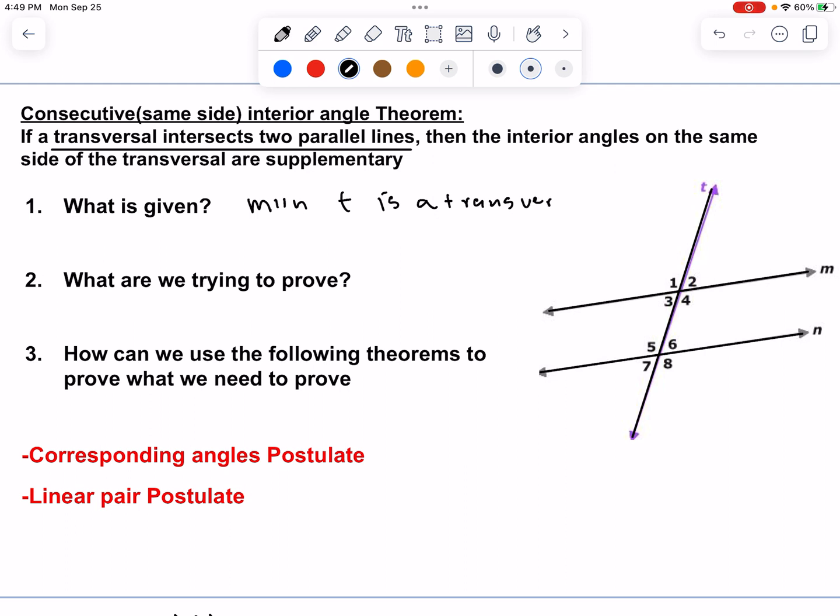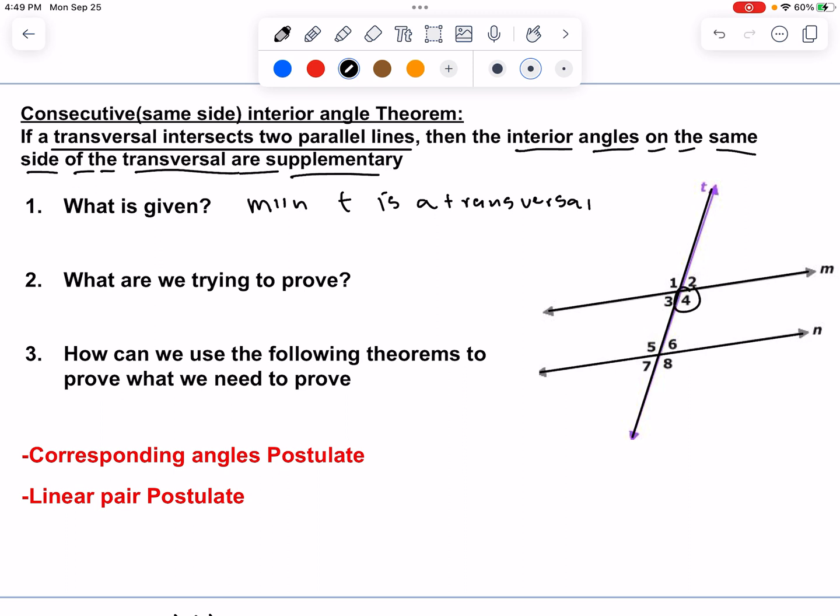What we're trying to prove comes after the then, and that's that the interior angles on the same side of the transversal are supplementary. Remember, interior angles are between the parallel lines, so I really have two options. I could show that 3 and 5 are supplementary, since they're on the same side of the transversal and between the parallel lines.